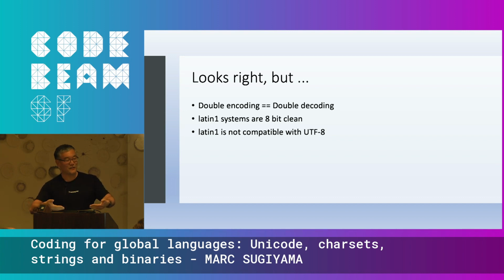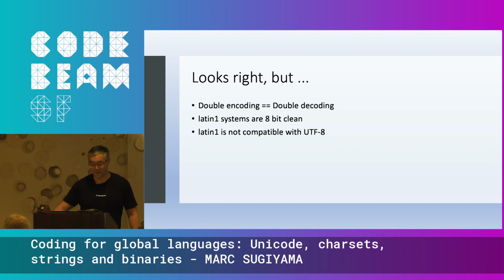Then you decode it because you think it's UTF-8. You decode it back into Latin 1, and now you have the right answer. But the data in the database is UTF-8 bytes, right? It's the string encoded as UTF-8, but the database thinks it's Latin 1. So if you were to ask that database, independently of our system, to look at that data, it's not going to be right. The lengths will be wrong. You wouldn't be able to select it properly and other things. And there's also a very common misconception we discovered that Latin 1 is not compatible with UTF-8, right?